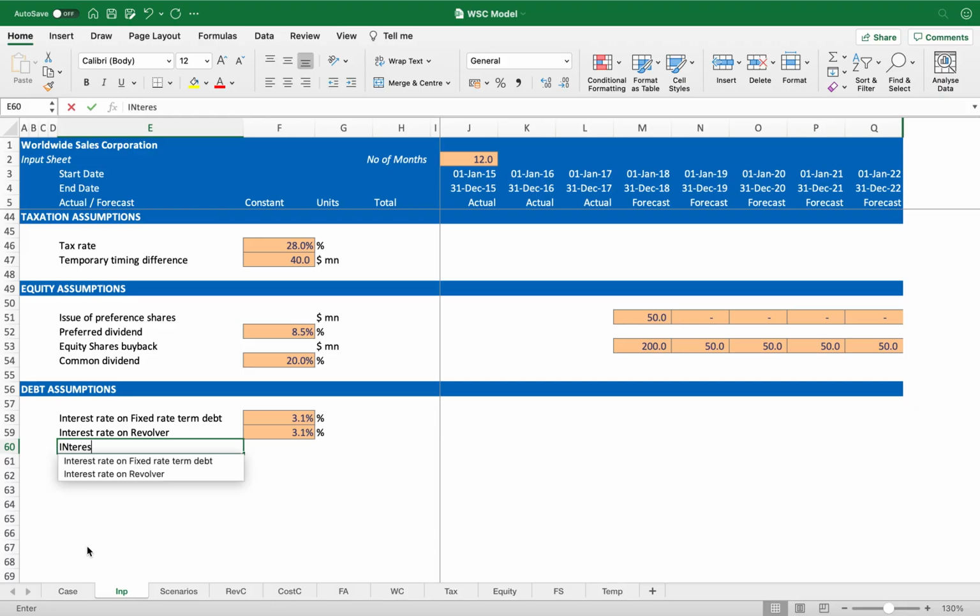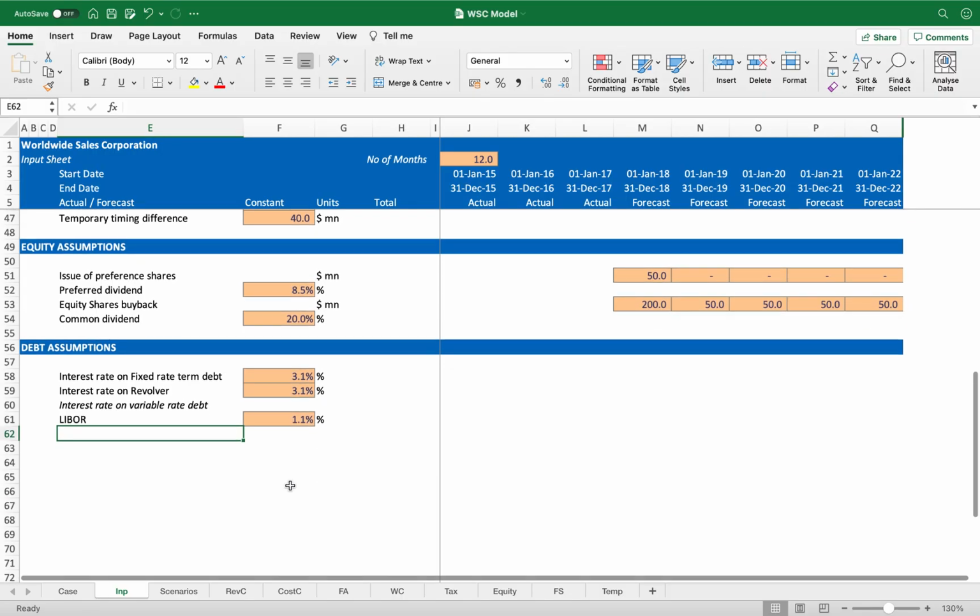Then interest rate on variable rate debt, that I need to compute. So we will be computing this. Let's see. LIBOR is given to us, 1.1%, and since it has to remain constant throughout, we are taking it in the constant column only.